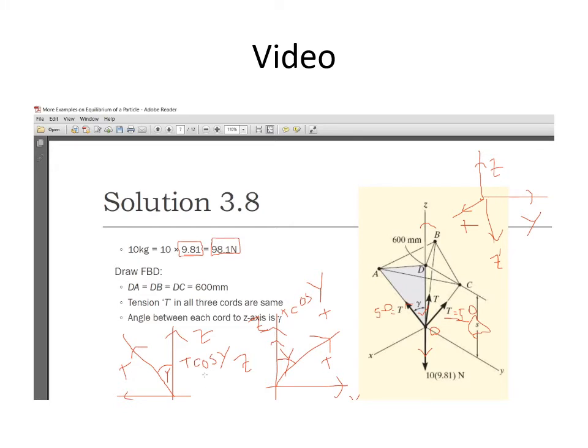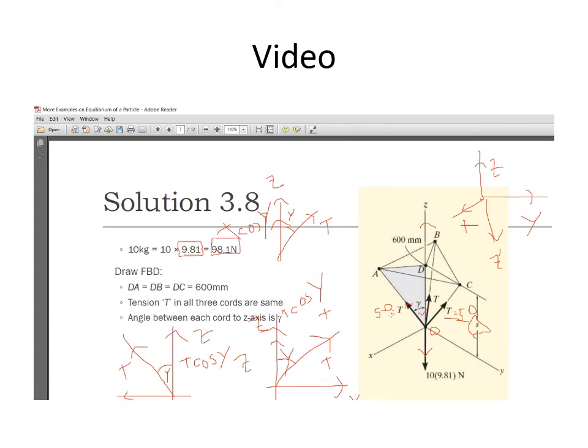And for the last part, it's clearly indicating that it creates an angle of gamma. The tension force is working, this is the z axis, and the component of this tension is working again in the positive z axis.